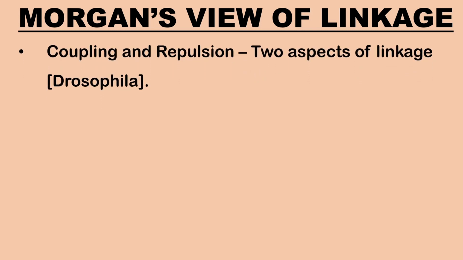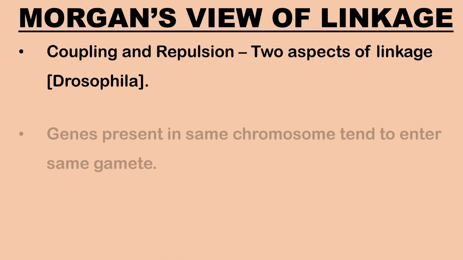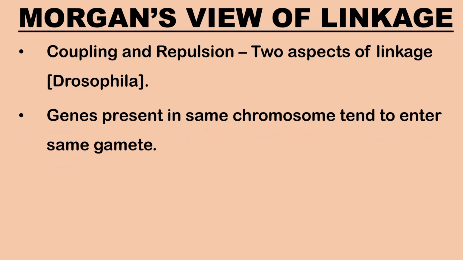Now, let us understand Morgan's view on linkage. Morgan experimented with Drosophila and found that coupling and repulsion are the two aspects of linkage. Genes present in the same chromosome have a tendency to remain in their original combination and enter the same gamete.